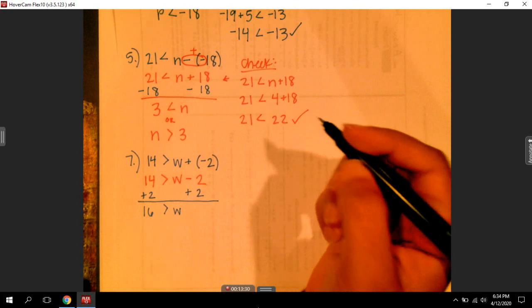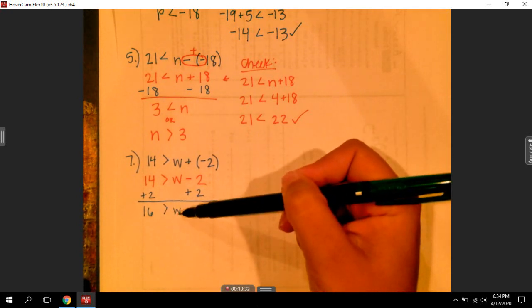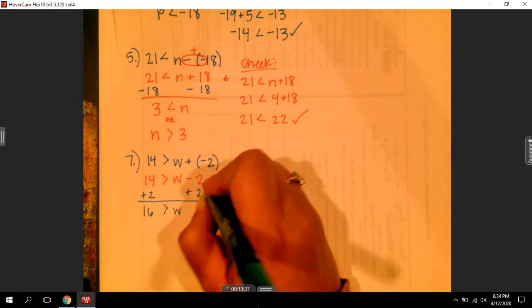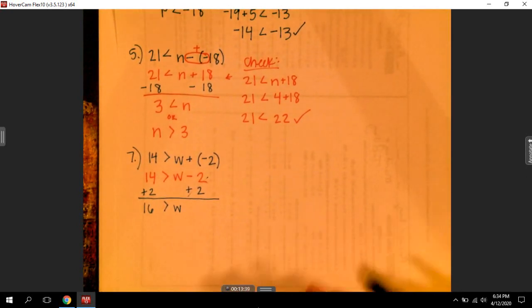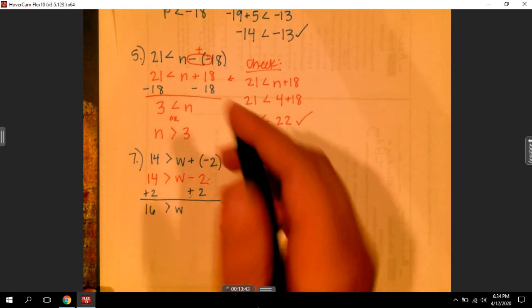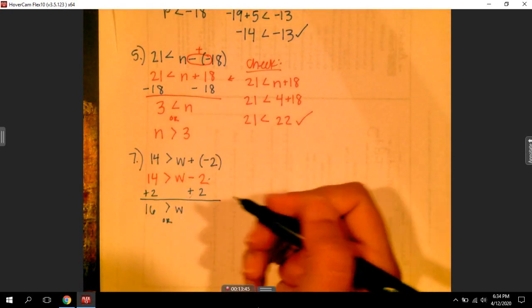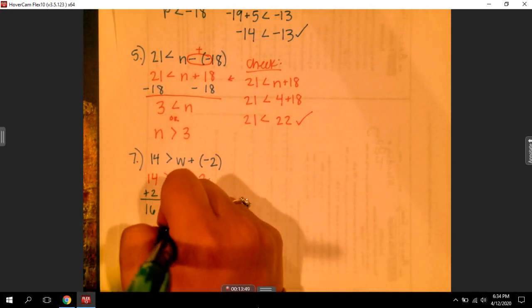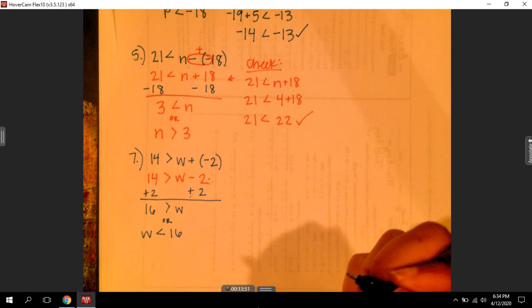So 16 is greater than w, because remember this negative 2 and this plus 2, they canceled each other out. They give you 0. Okay? So it says 16 is greater than w, or we can switch that around and say w is less than 16. Okay.